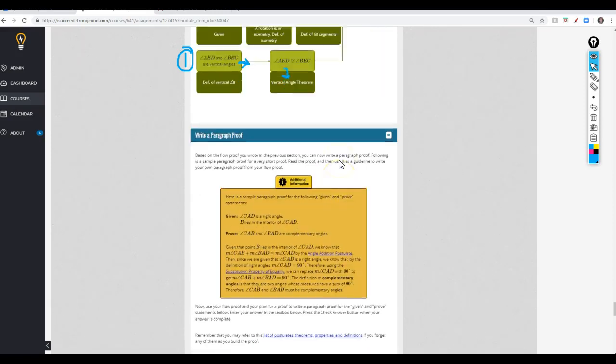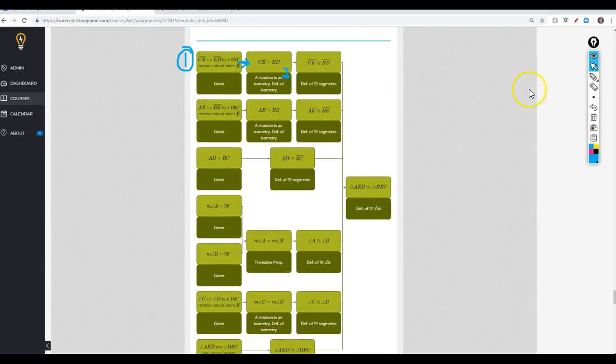Period. So now we're coming back up here. By definition of congruent segments, we know that segment CE is congruent to segment ED.